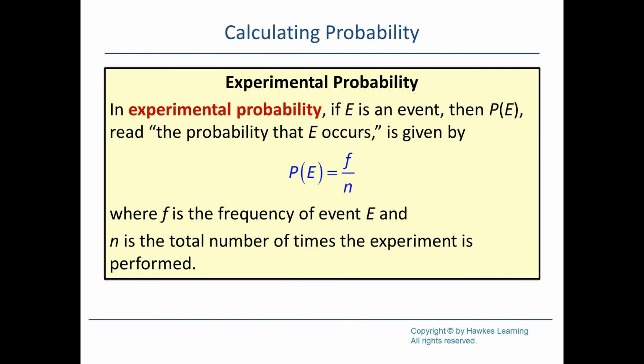Experimental probability or relative frequency probability talks about using data to estimate a probability in an event. So if E is an event, then P of E, the probability that E occurs, is given by F over N, where F is the frequency and N is the total number of times the experiment is performed.